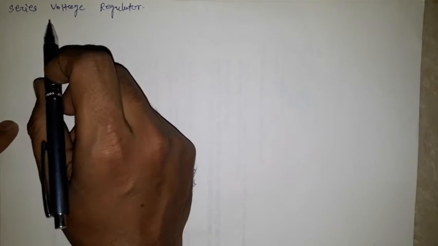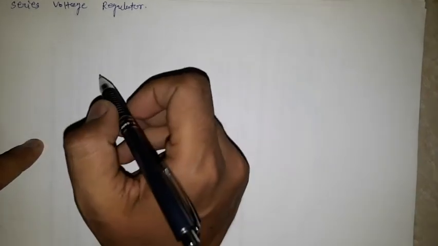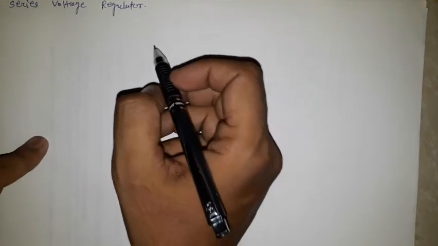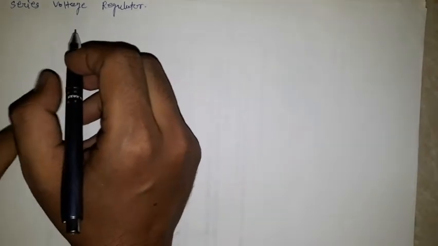Now we will discuss the series voltage regulator. The simplest series regulator is the Zener follower. So first of all we will draw the circuit of the series regulator.